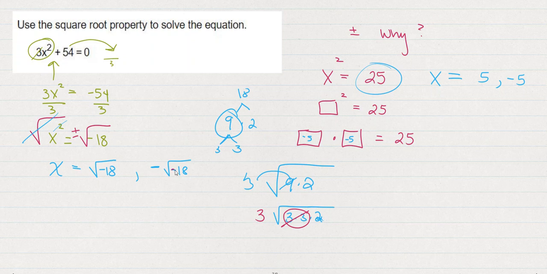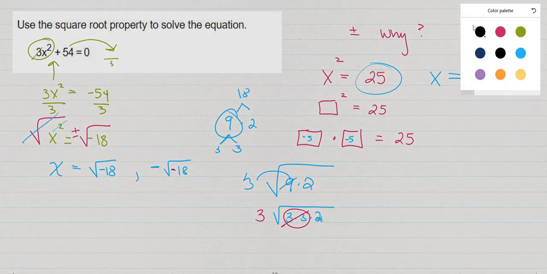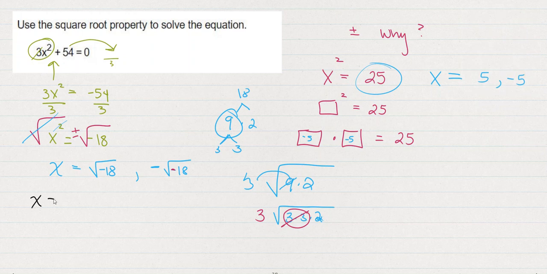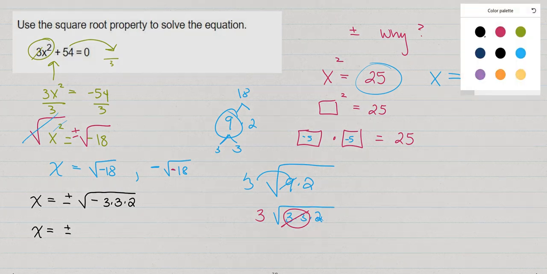And then the negative means that we have an i. So putting all that together, we'd have x equals plus or minus the square root of negative 3 times 3 times 2. So x is positive or negative. Let me take them one part out at a time.